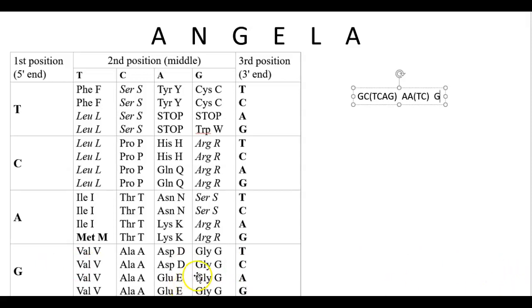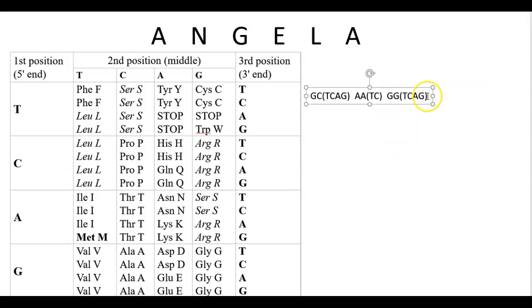The second position, we go up, is also a G, again a guanine. And the third position can be again T, C, A, or G, highlighting the degenerate nature of the genetic code. So we've got half of it already.